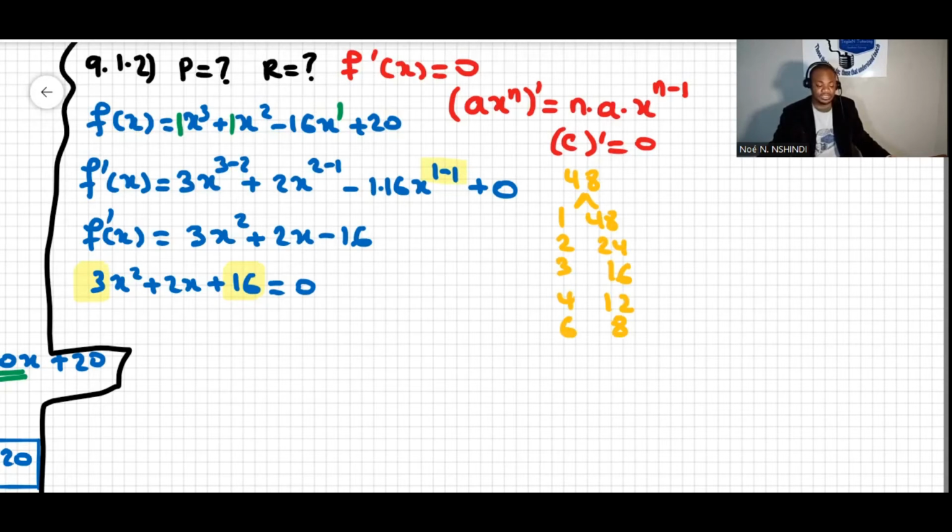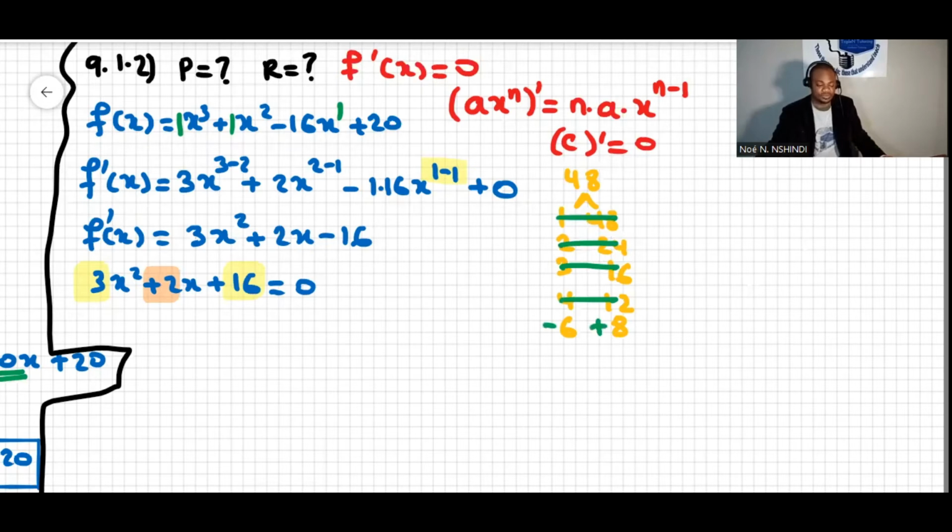In the list of the factors of 48, there must be exactly one couple that would make a sum equal to positive 2. Now let's see which couple that is. This will never make positive 2 regardless of the combination, but 6 and 8, yes, it will if we have a negative 6 and a positive 8.